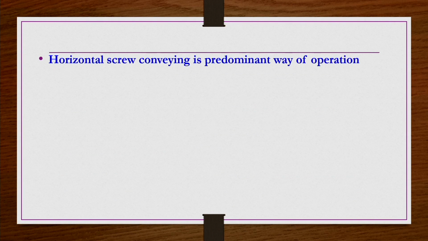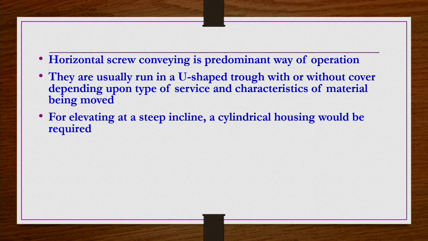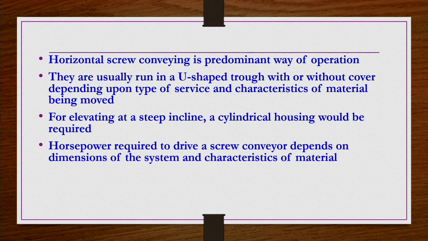Horizontal screw conveying is the predominant way of operation in general. They are usually run in a U-shaped trough with or without cover depending upon the type of service and characteristics of the material being conveyed. For elevating at a steep incline, a cylindrical housing would be required. The horsepower required to drive a screw conveyor depends on the dimensions of the system and the characteristics of the material.